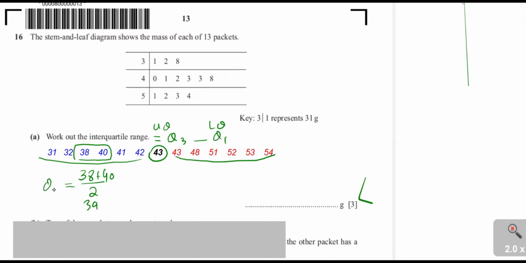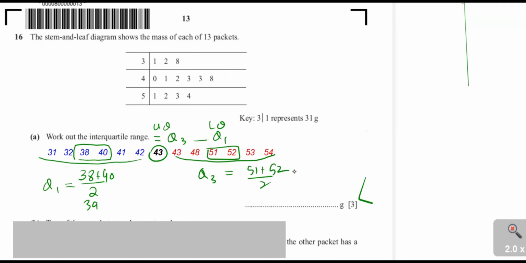This is Q1. And Q3 we can calculate by taking the middle value of the data after 43. Look here, these are also 6 values. We take the average of the middle values, 51 and 52.